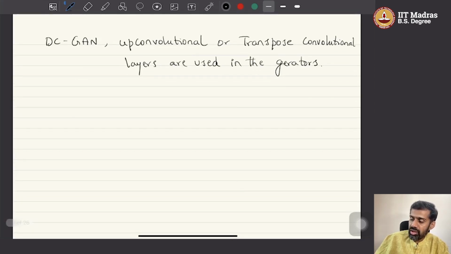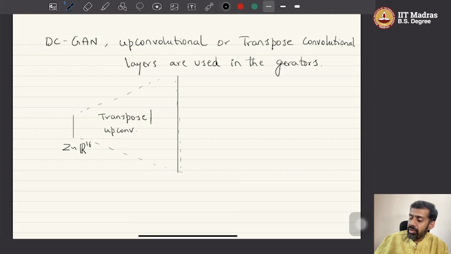You start with some Z that is in, let's say, some 16 dimensional space, and then you keep increasing the dimensionality of the data using transpose or up convolutions, till a point where it reaches the shape of the data.